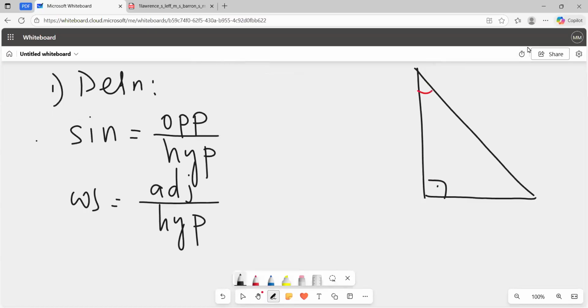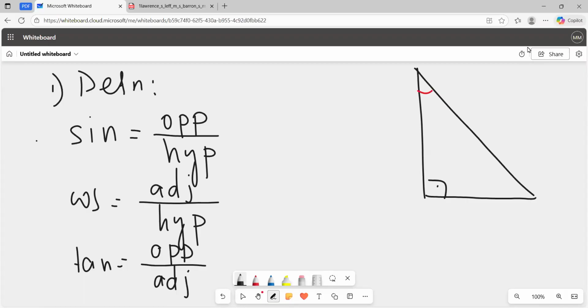Finally, the tangent of this acute angle is equal to opposite divided by adjacent, opposite leg divided by adjacent leg. We don't talk about cotangent of an acute angle in a triangle in the SAT program.